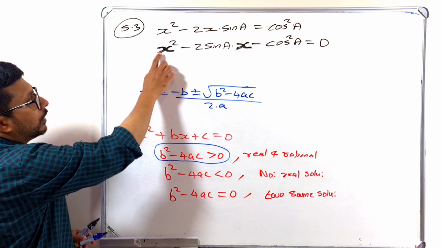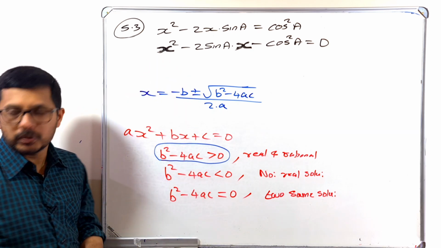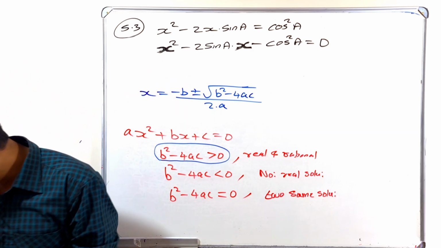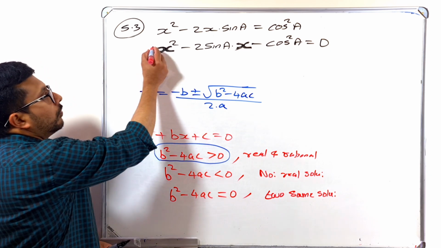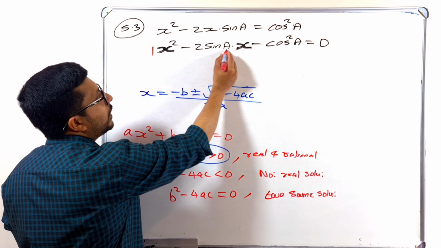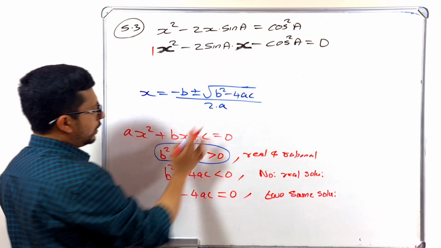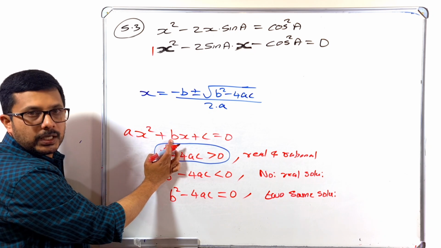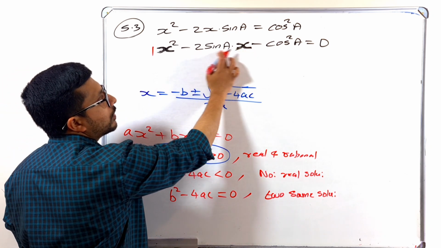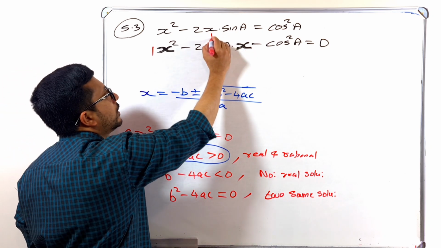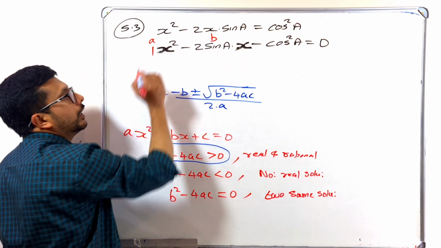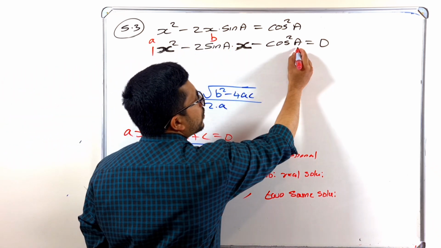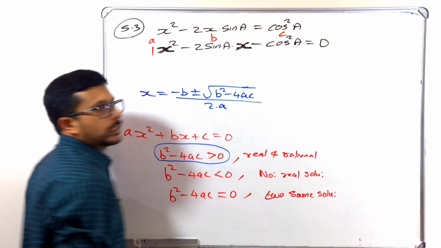So what is the value of a now in this equation? a is 1. What is the value of b? The coefficient of x is b. Here the coefficient of x is 2 sine a, so that is our b. This is our a. Then this cos squared a is our c.